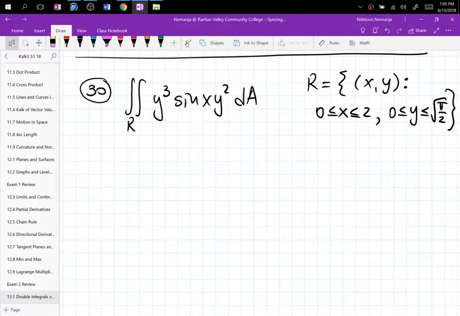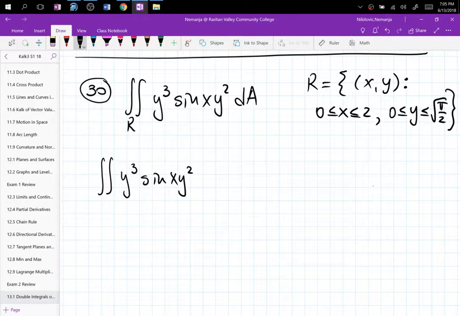So let's try to make this problem simpler by having dx integrated first and then dy. Now x coordinates are 0 and 2, so those limits are on the inside, and then 0 to square root of pi over 2 on the outside. So what do we get?